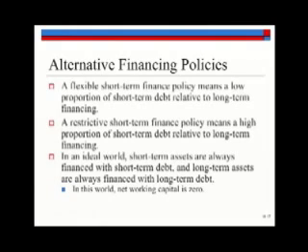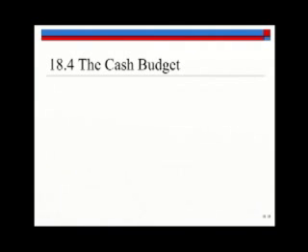Now, in an ideal world, and this is very ideal, short-term assets would always be matched up perfectly with short-term liabilities. Long-term assets would always be financed with long-term debt, and in that world, net working capital would be zero. That's not very likely to happen. Most firms do have positive net working capital.